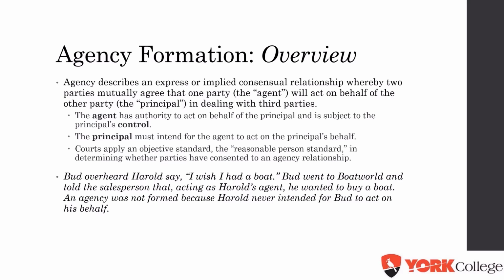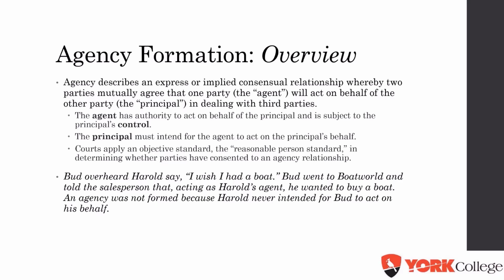When we look to see whether or not intent exists in the formation of an agency relationship, we look at the principal's intent and we judge it by the reasonable person standard. And the central question that we answer legally on this front is whether the parties have consented to being in an agency relationship with each other.